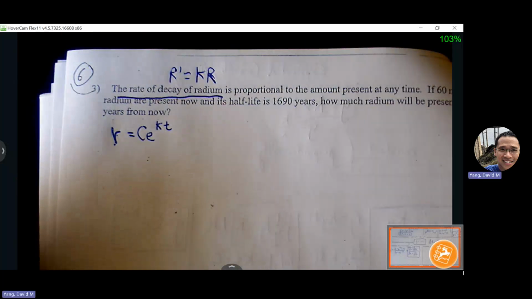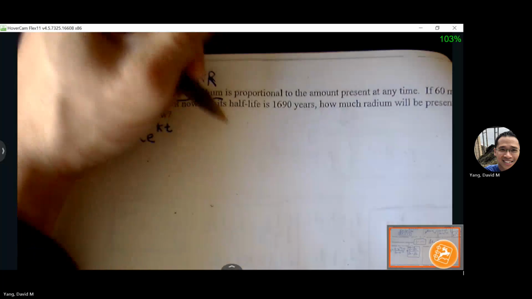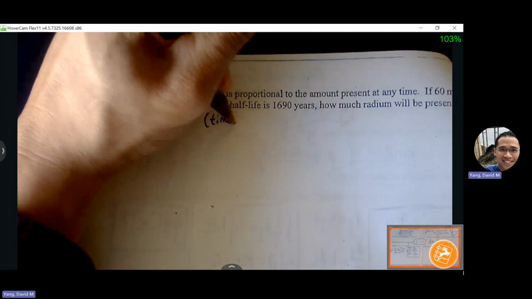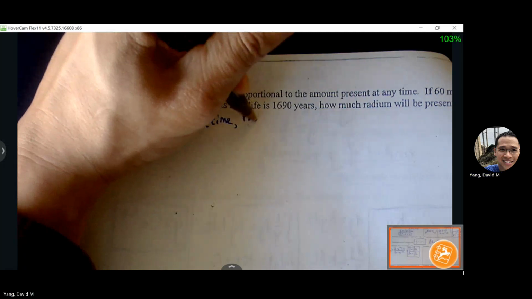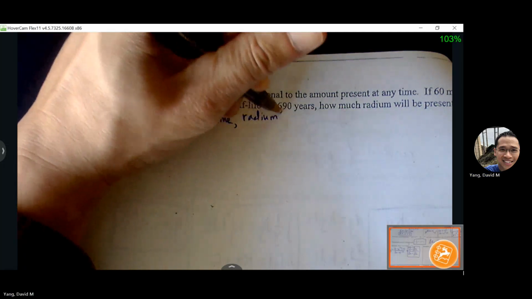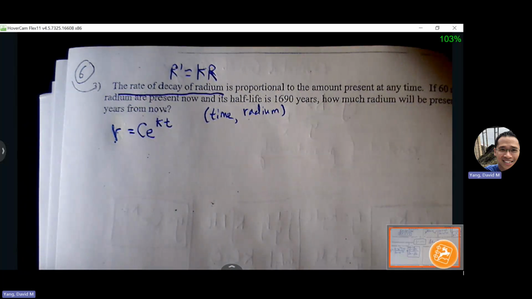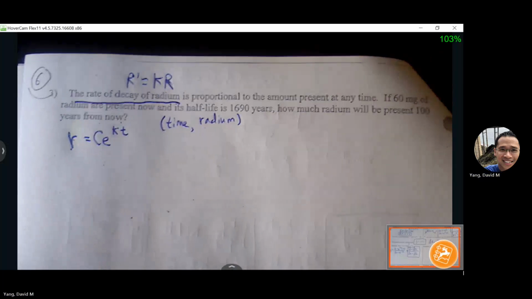All right, so I'm going to organize my ordered pairs here. My independent variable is always going to be time, and whatever the other variable is, that's my dependent variable.